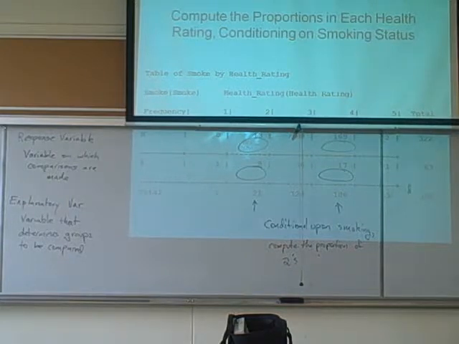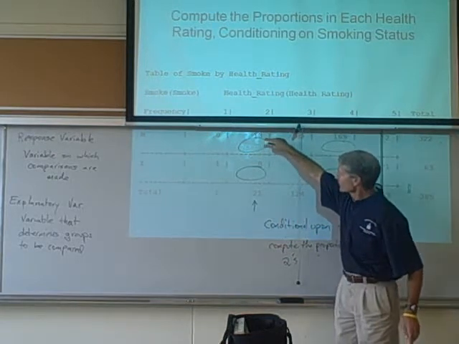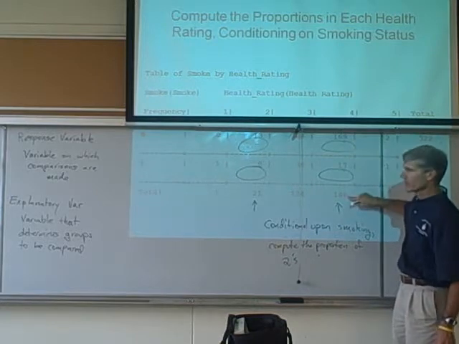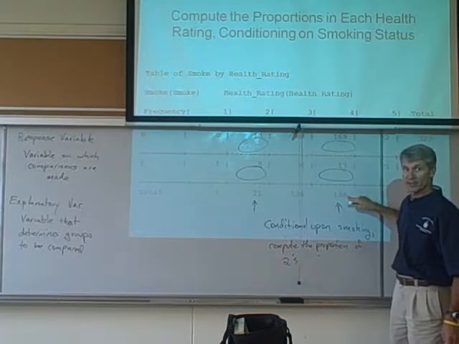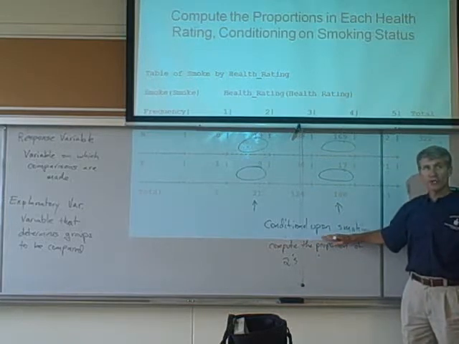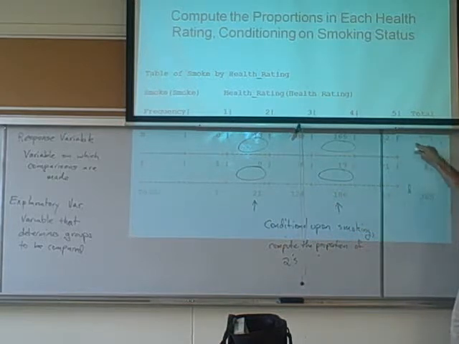That is wrong. Okay. Now, her question: about half of the class is doing 13 over 21 and 169 over 186, and that's the wrong direction, right? The thing you condition upon, you want those totals. So we're conditioning upon smoking, so I want the smoking totals to be my denominator.